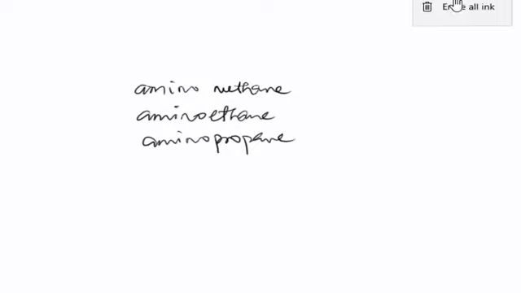So let's quickly run through an example. Let's say this structure, CH3 CH2 CH2 NH2. This structure can be named in two different ways, just like I've stated earlier.